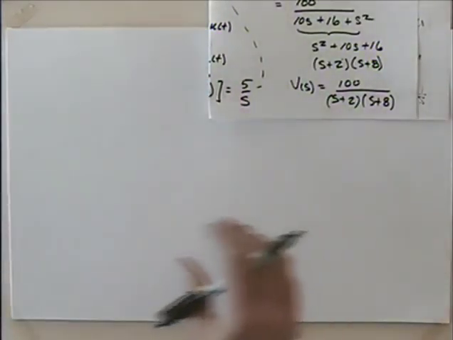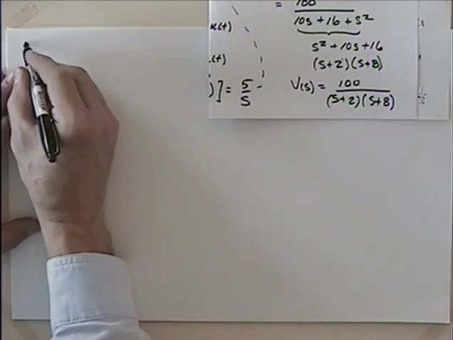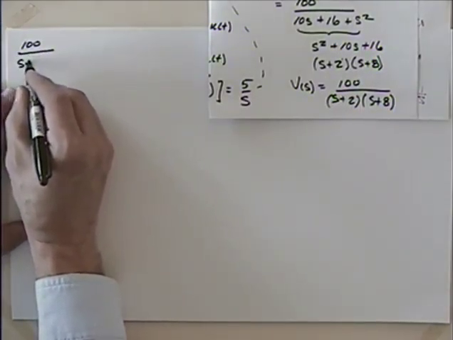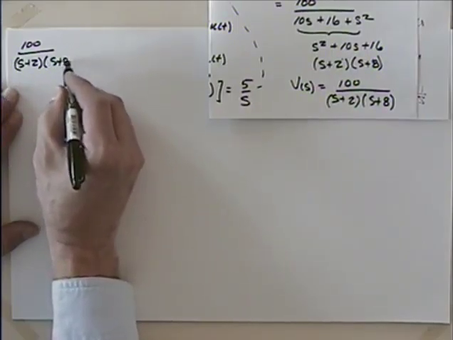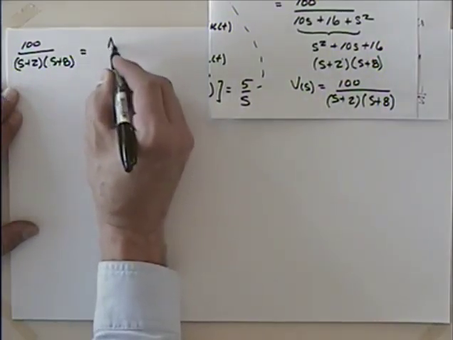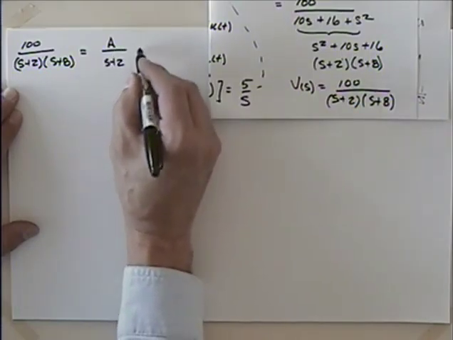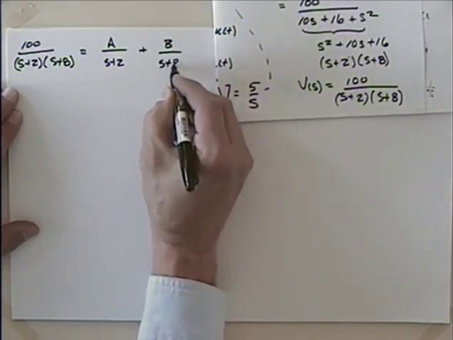So we had 100 divided by S plus 2, S plus 8 is equal to A, or K1, divided by S plus 2 plus B or K2 divided by S plus 8.